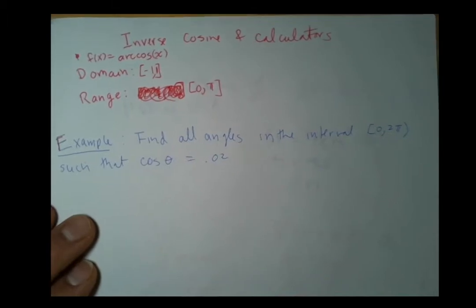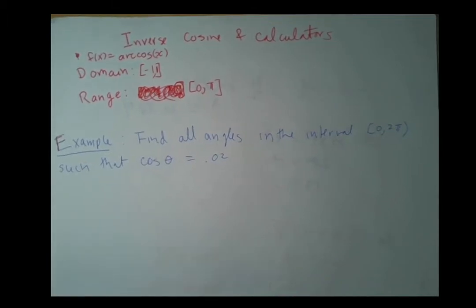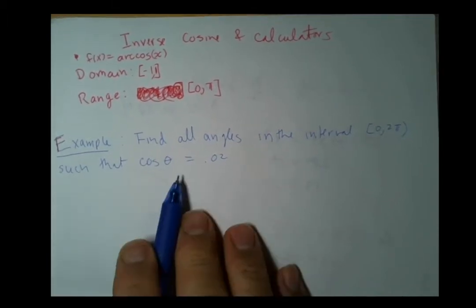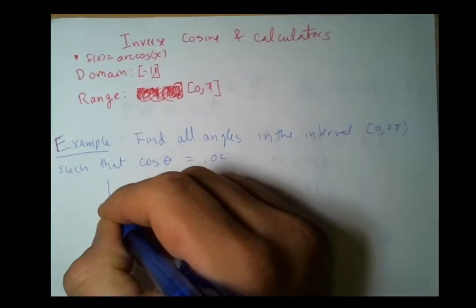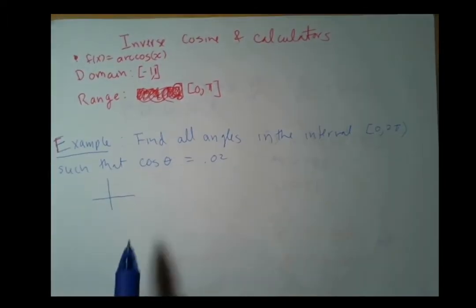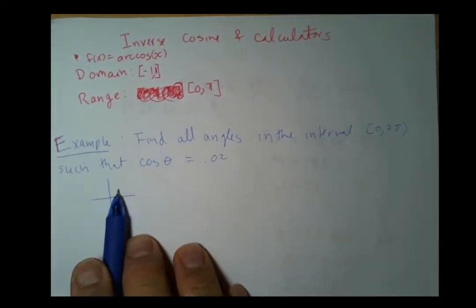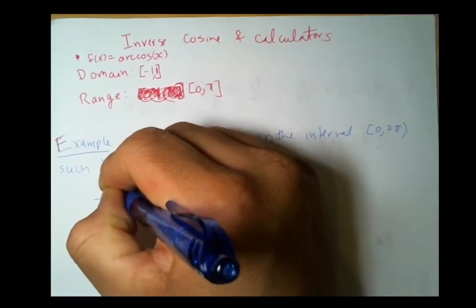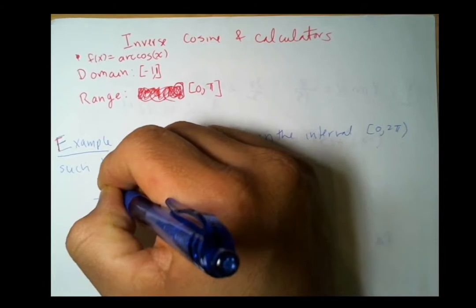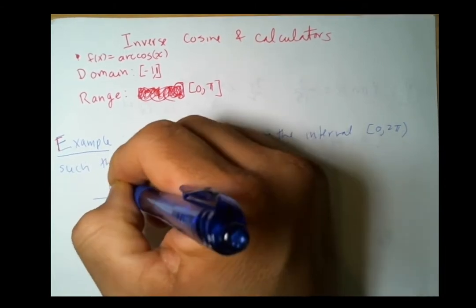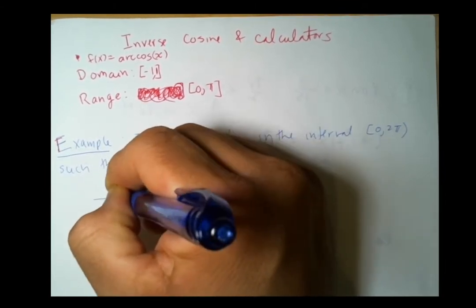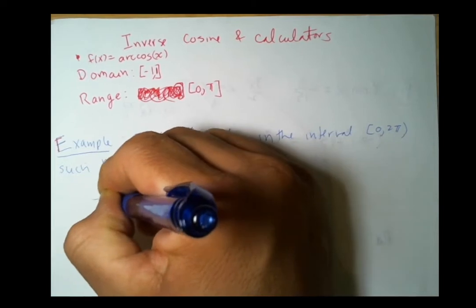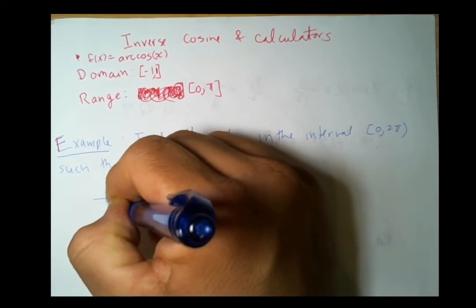Now, we're going to start off: cosine is positive. That means we're looking for angles that lie in quadrants 1 and 4. So we have theta 1 to be here, and then our other angle is theta 2, which is going to be down there.